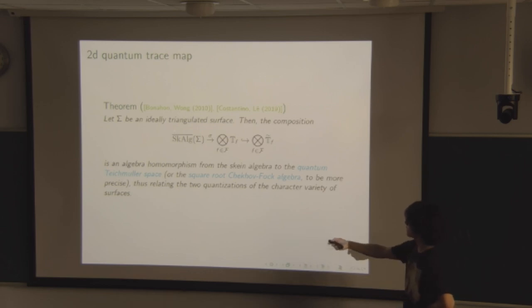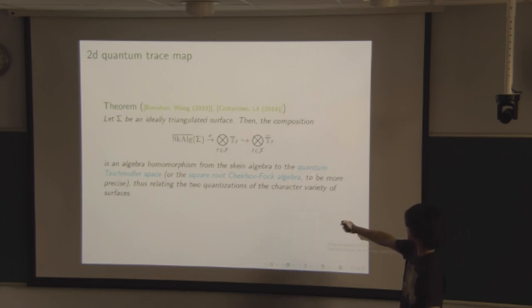It turns out that this composition, which is an algebra homomorphism from the skein algebra, has image lying in what's sometimes called the quantum Teichmüller space, or more precisely, the square root Chekhov-Fock algebra.